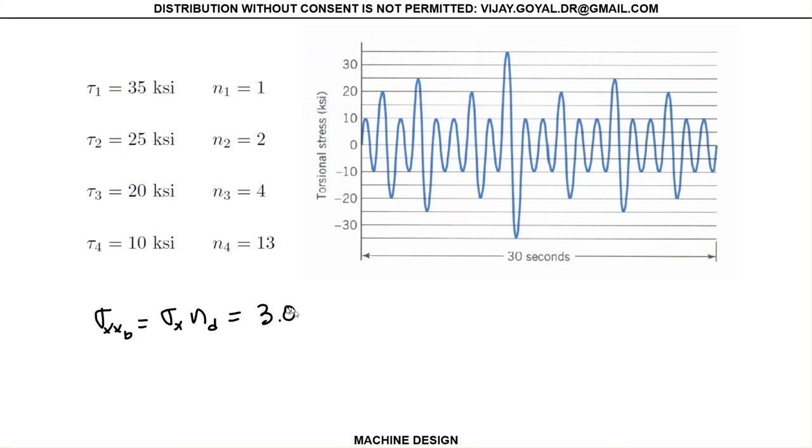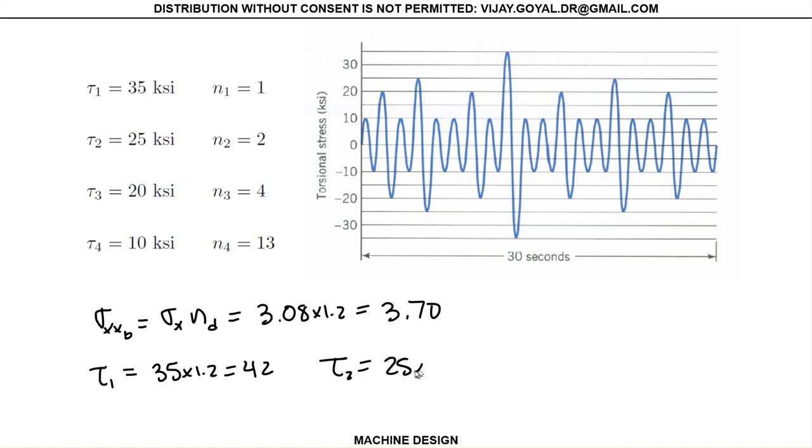That will be 3.08 multiplied by 1.2, which gives me 3.70. Multiplying all of my taus, tau 1 would be 35 times 1.2, which gives me 42. Tau 2 would be 25 times 1.2, which gives me 30. Tau 3 will be 20 times 1.2, which gives me 24.